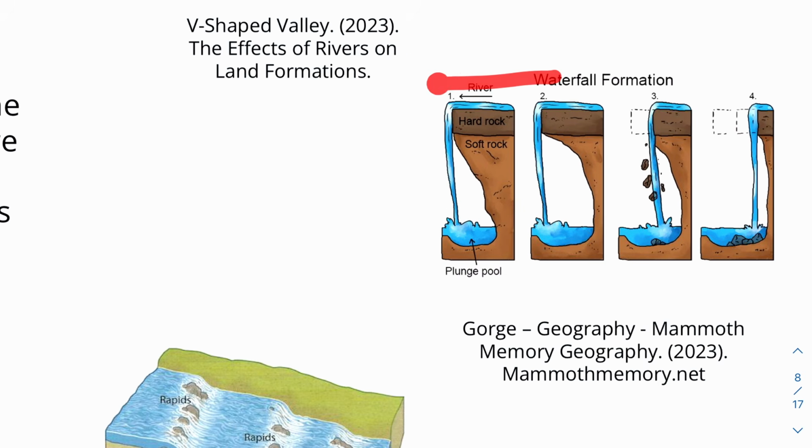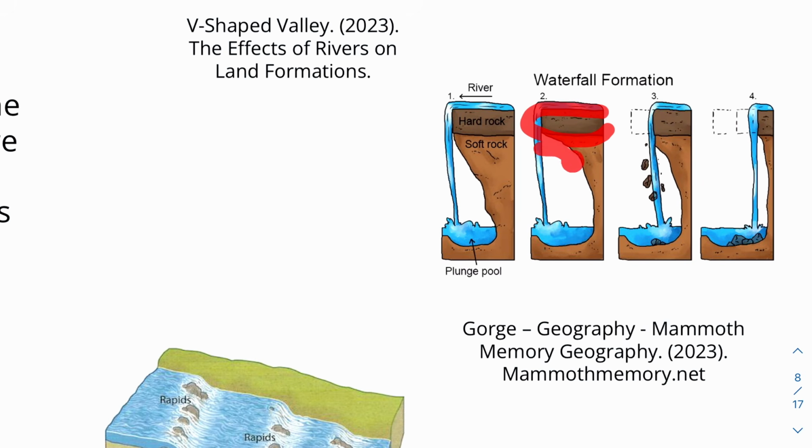As the river flows, it flows down from the hard rock to the soft rock and falls down, and it'll cause erosion in the bottom part of the soft rock due to, let's say, attrition, abrasion, hydraulic action, or even corrosion. So it'll erode this part, and over time it'll erode more and more, which forms this undercut right here, where there's an overhang.